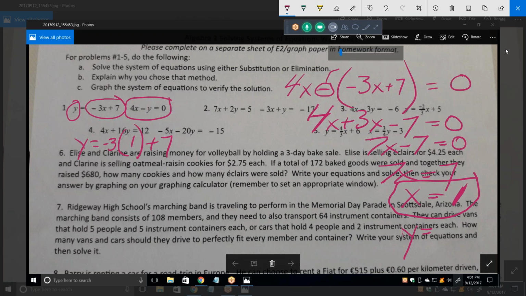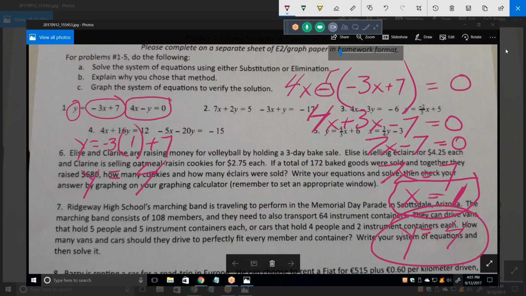So what's y equal to? Negative 3 plus 7. What is that? 4. There you go. There's your two solutions. And that's always the way you're going to do it when you use substitution.